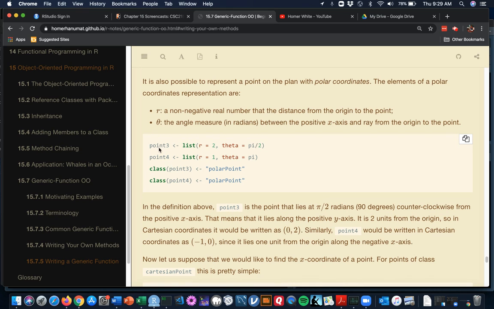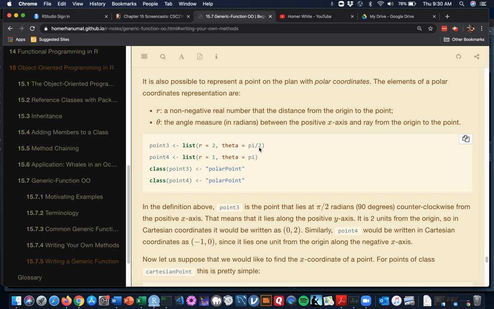So let's construct a couple of little lists that will be given the class polar point. The first one is a point that is 2 units away from the origin, and it makes an angle of pi over 2 with the positive x-axis. So it's actually 2 units straight up from the origin.